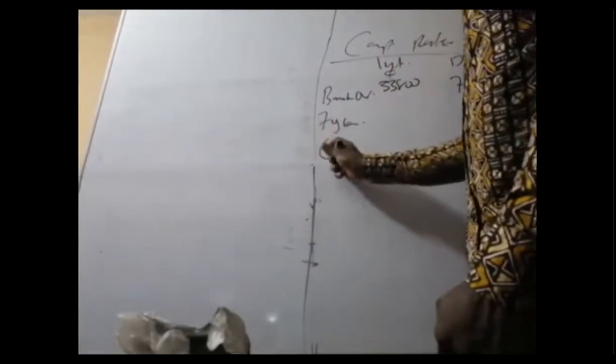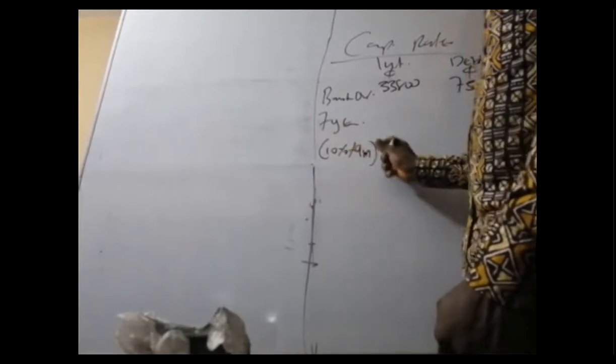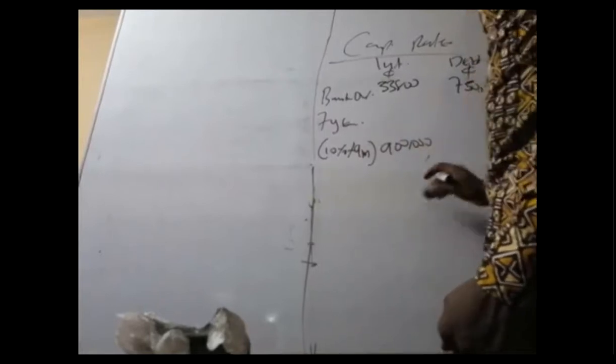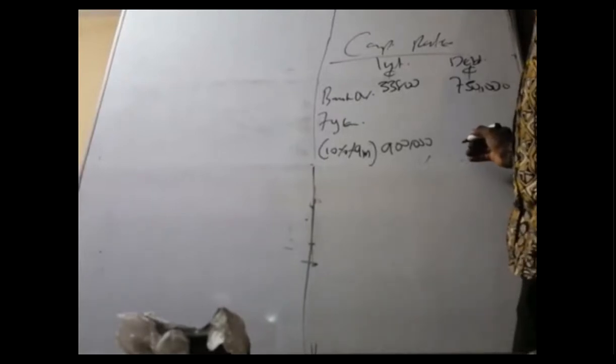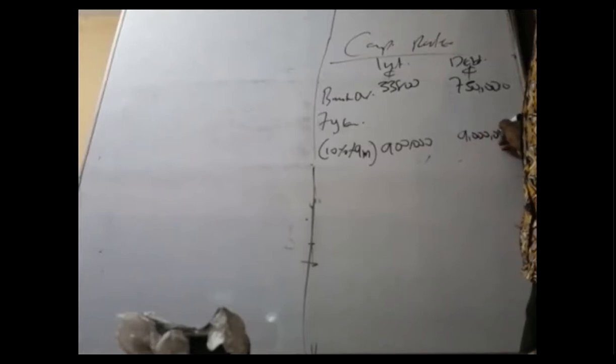Calculate your interest, 10%. So 10% times the 9 million. That should give us 900,000. The principal debt is what? The principal debt is 9 million.